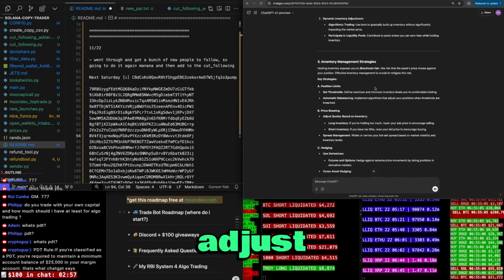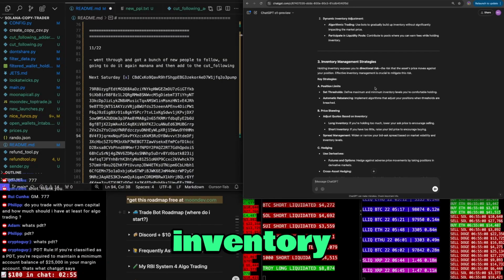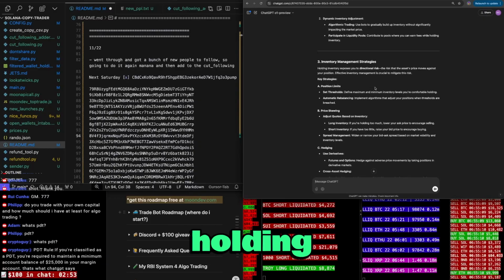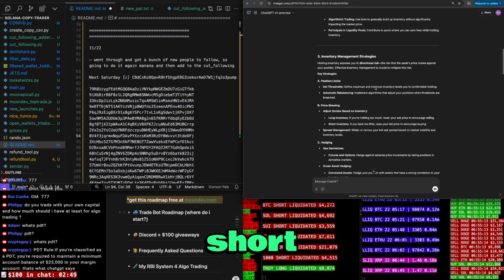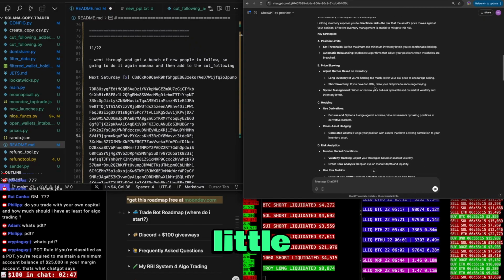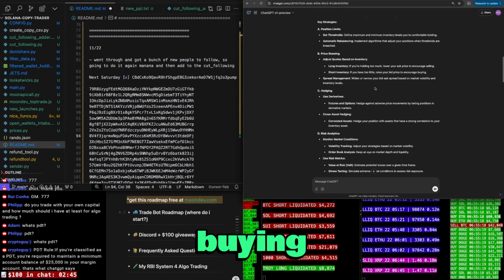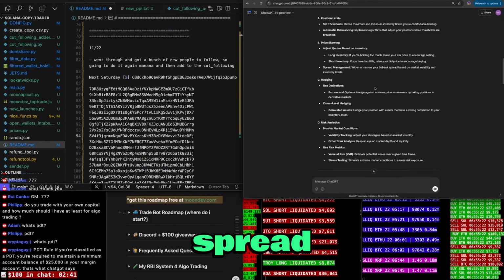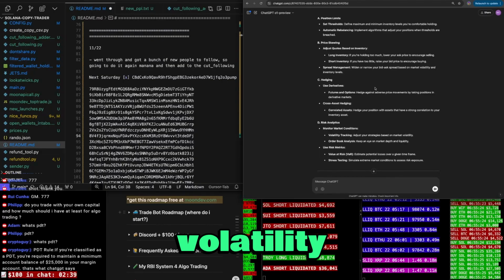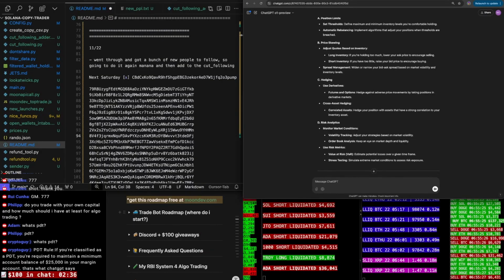Price skewing, adjust quotes based on inventory. Long inventory: if you're holding too much, lower your ask price to encourage selling. Short inventory: if you have too little, raise your bid to encourage buying. Spread management: widen or narrow your bid-ask spread based on market volatility and inventory levels.